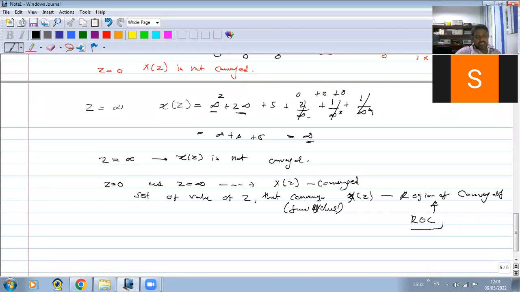I think in the Laplace transform also you find the ROC, region of convergence, so here also the same concept is there. The set of values of z for which X(z) converges to some value is the region of convergence, ROC. Did you get that point?